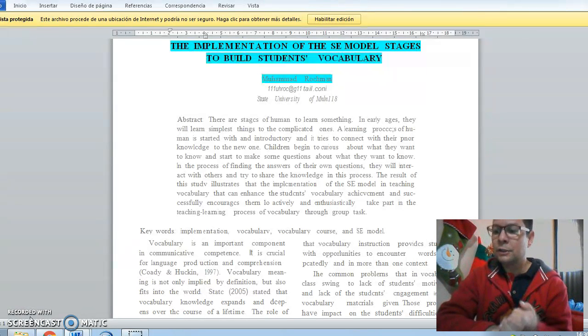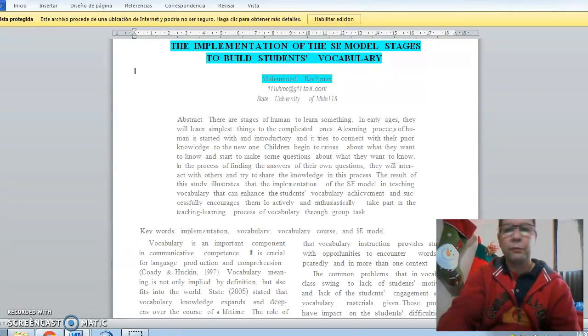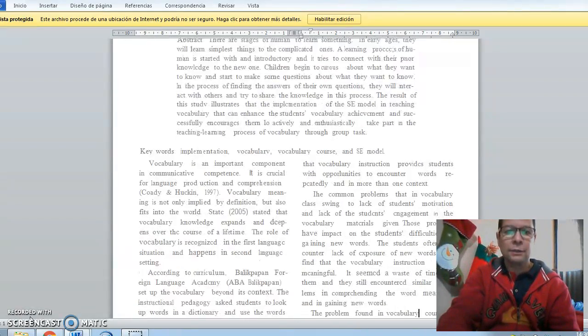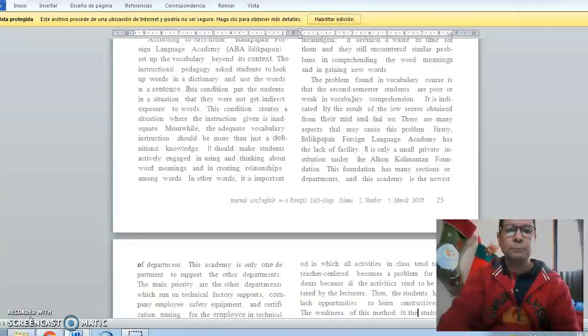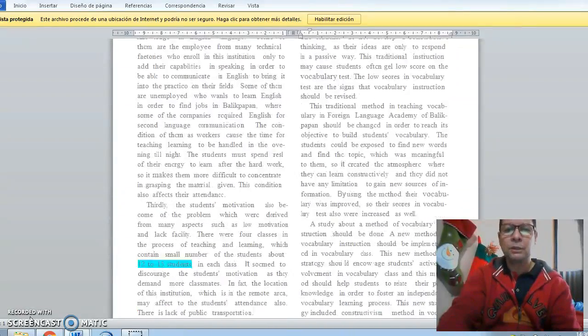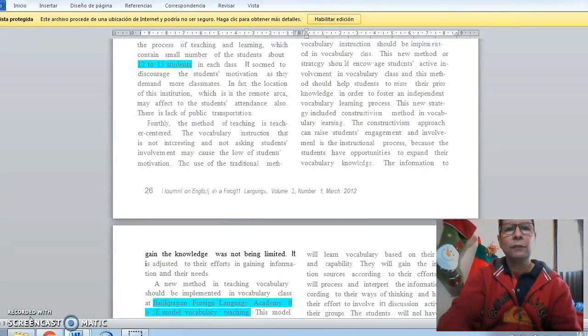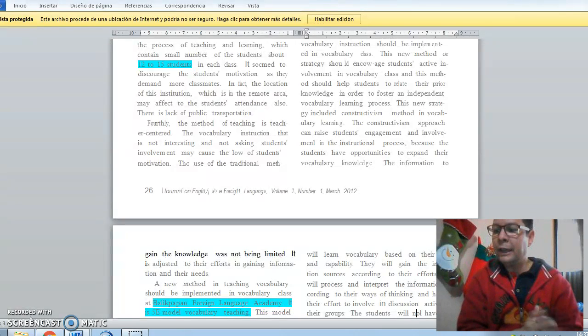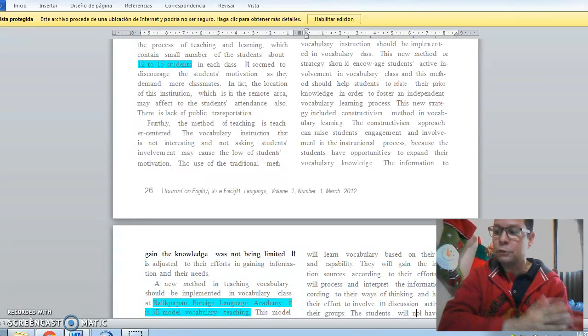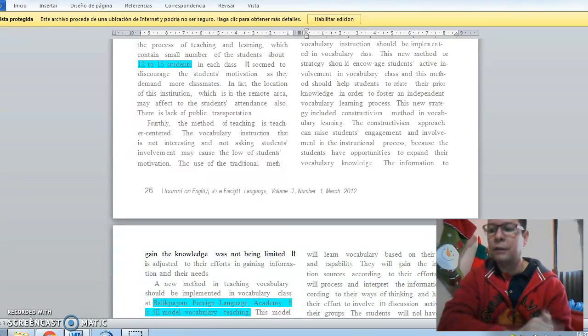The article seeks to show the results of an implementation study of the 5E model with a group of 12 to 15 students, who are part of the Foreign Language Academy of Balikpapan, which is determined to find the best way to apply the teaching of vocabulary with this method.